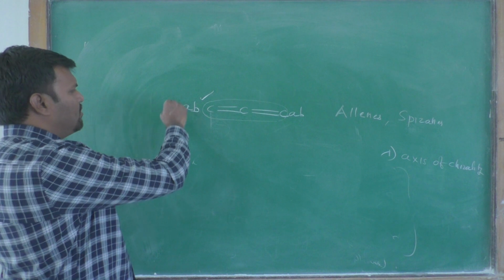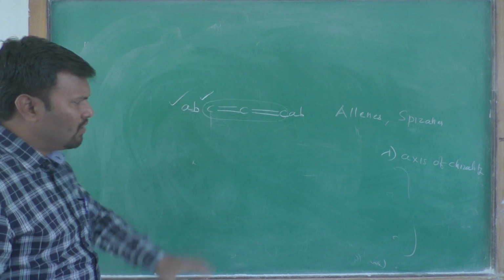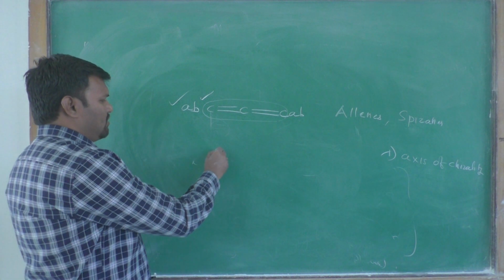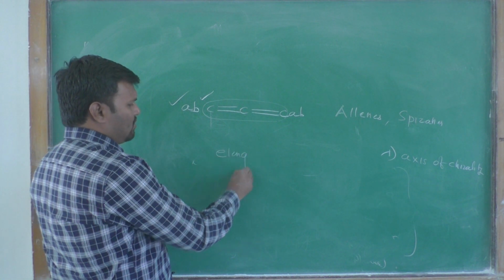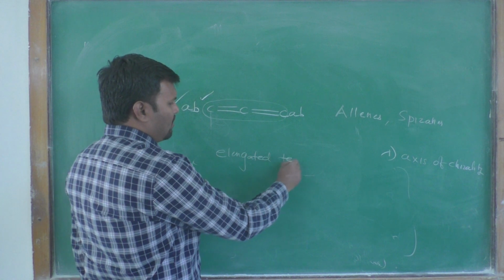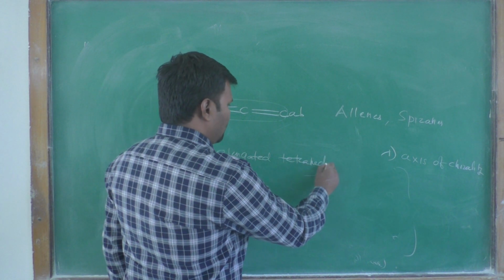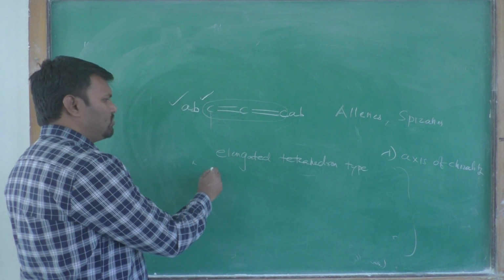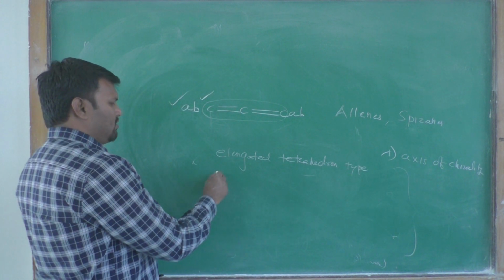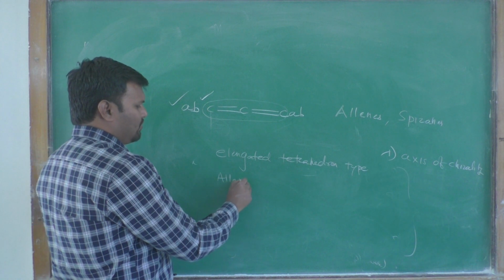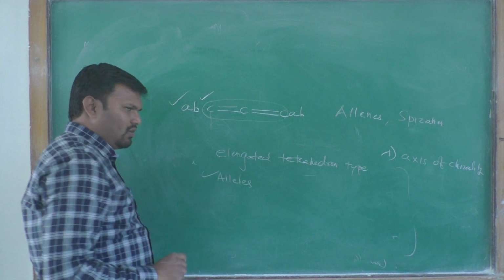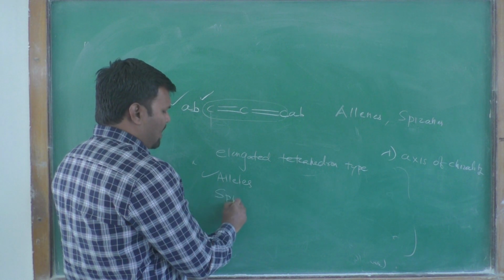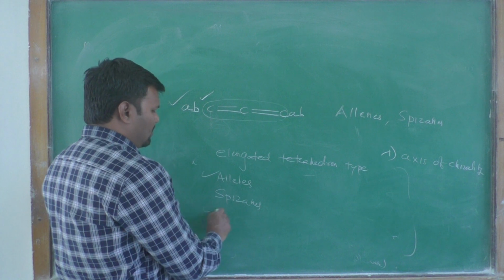But this is the general formula of the allenes. Among these elongated tetrahedral type geometries, allenes are one of the compounds, and then spiranes, then biphenyls.